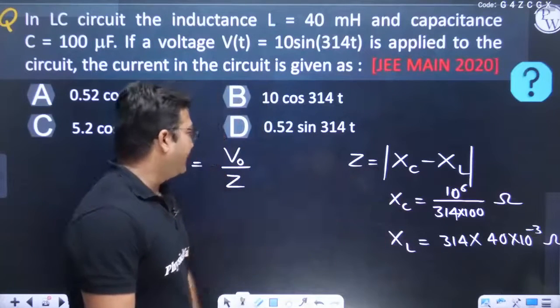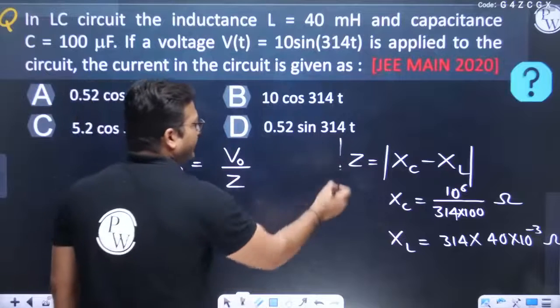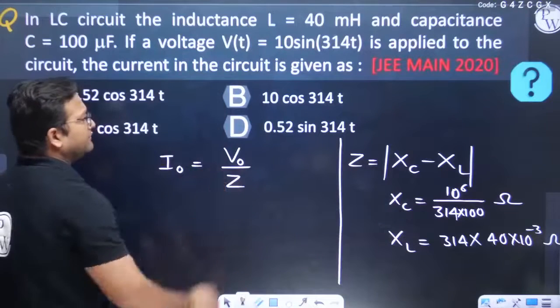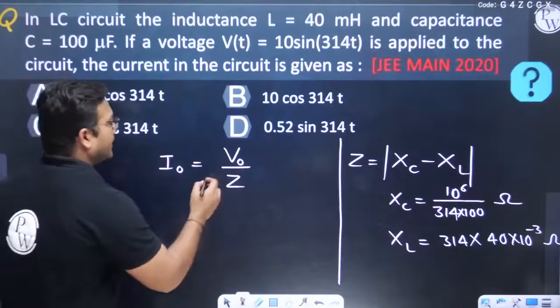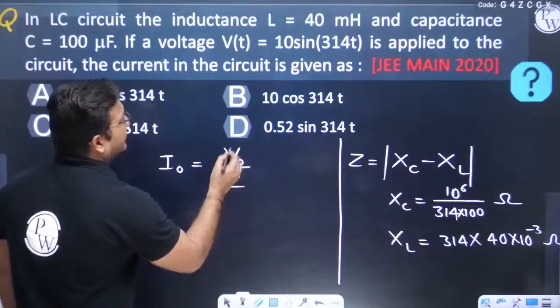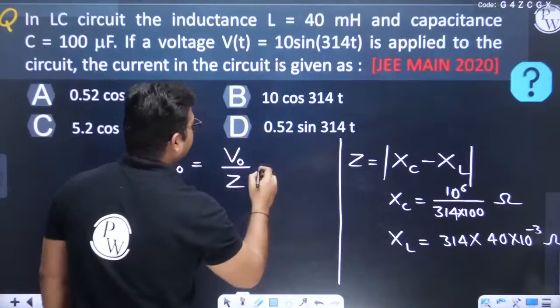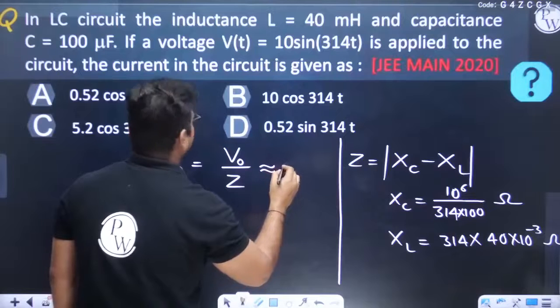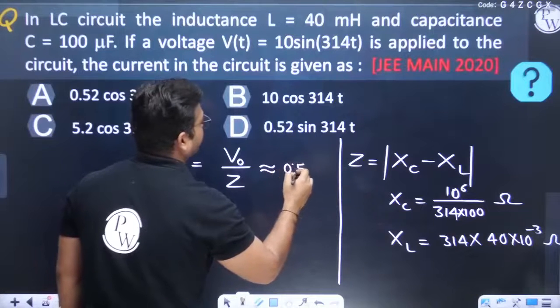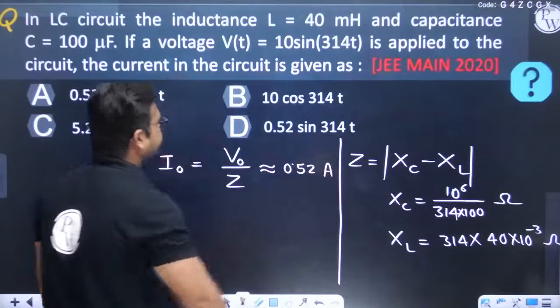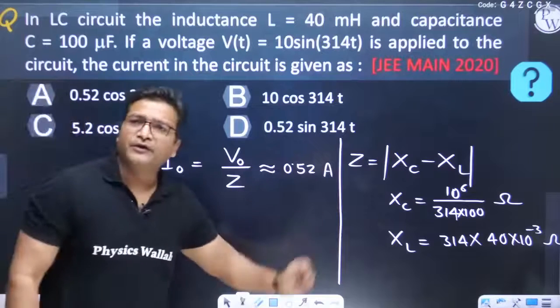If you find Z, the current will be given by V naught by Z. So you calculate it, and if you divide 10 by this Z, the value will be approximately 0.52 ampere. The maximum value is 0.52 ampere.